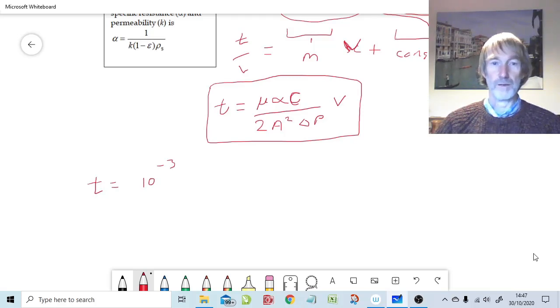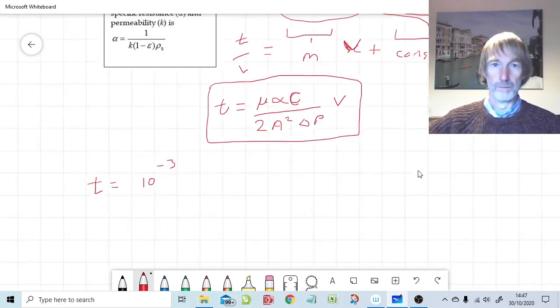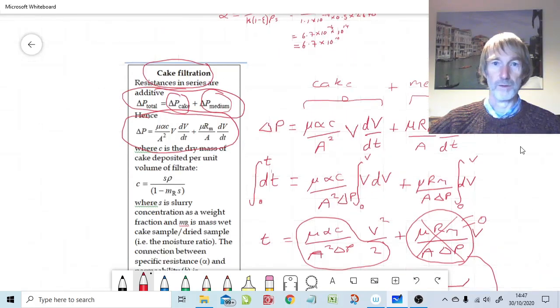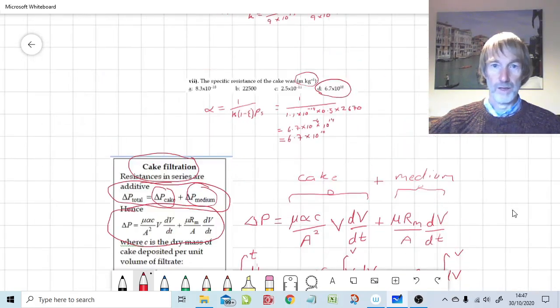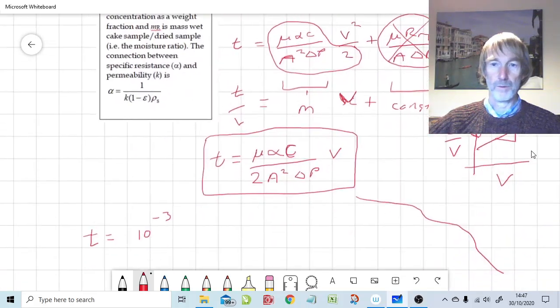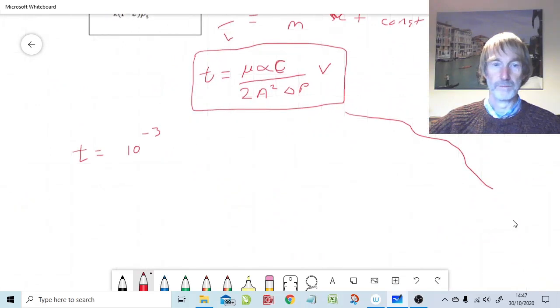The alpha value which we had, which is 6.7 times 10 to the 10.